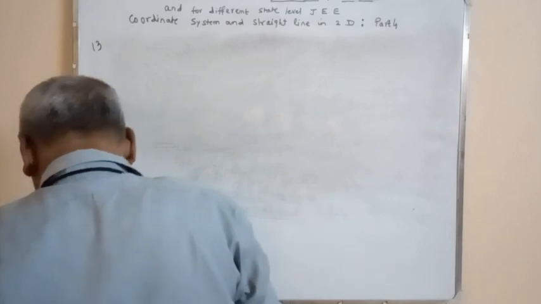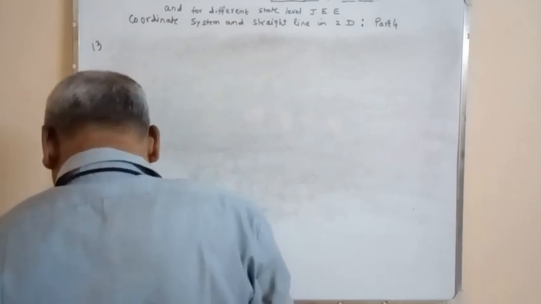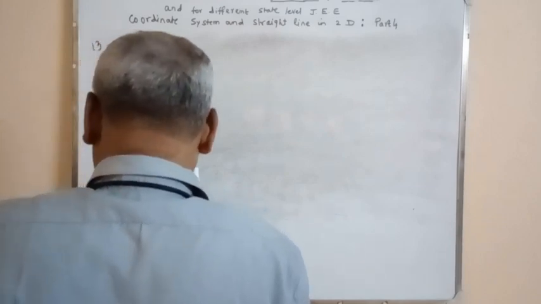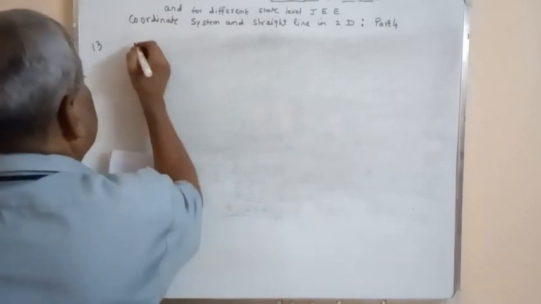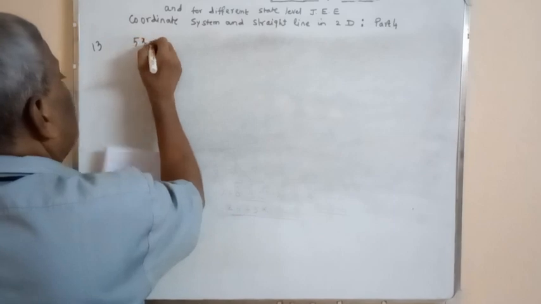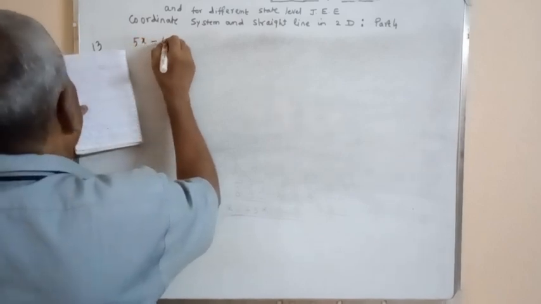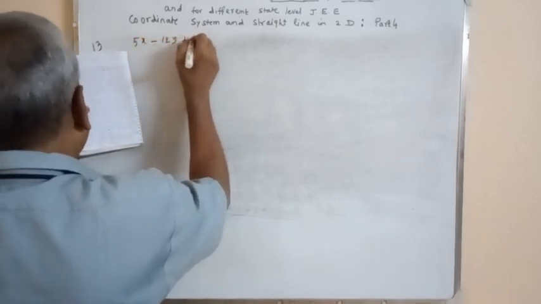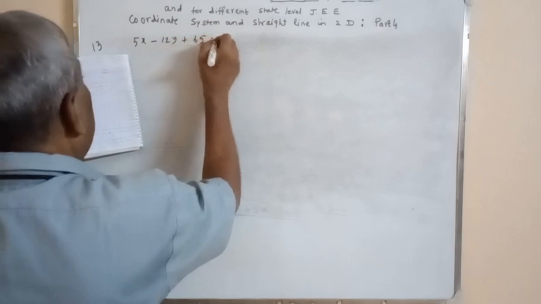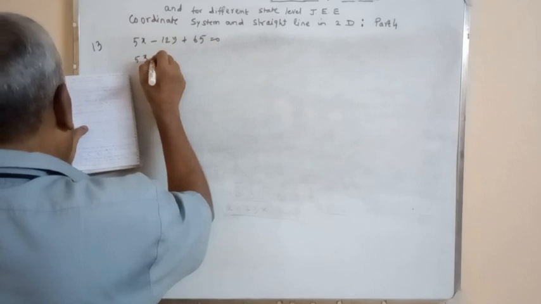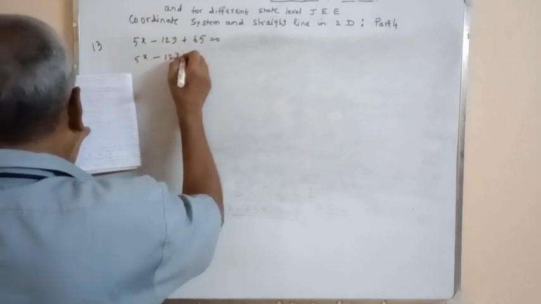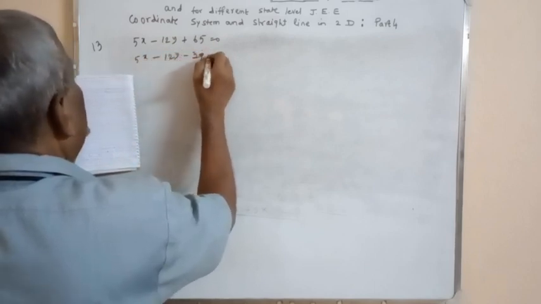The problem is: the distance between two straight lines, 5x minus 12y plus 65 is equal to 0 and 5x minus 12y minus 39 is equal to 0.